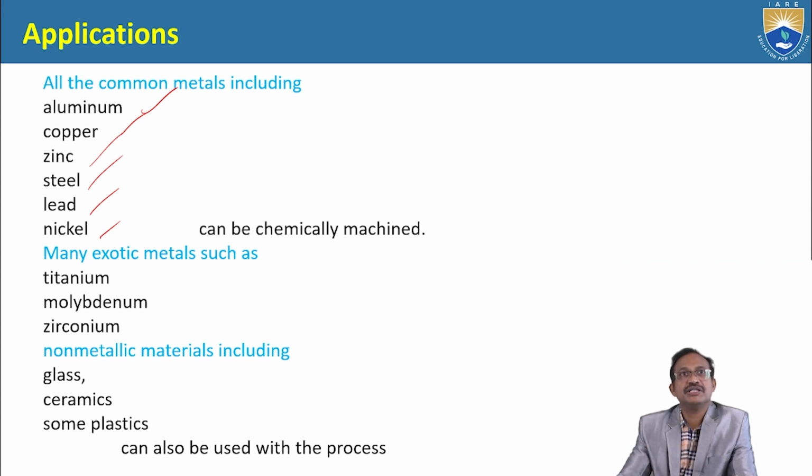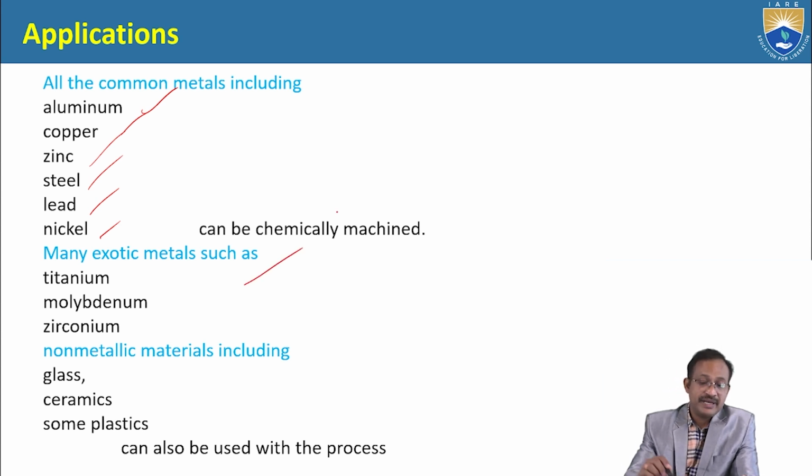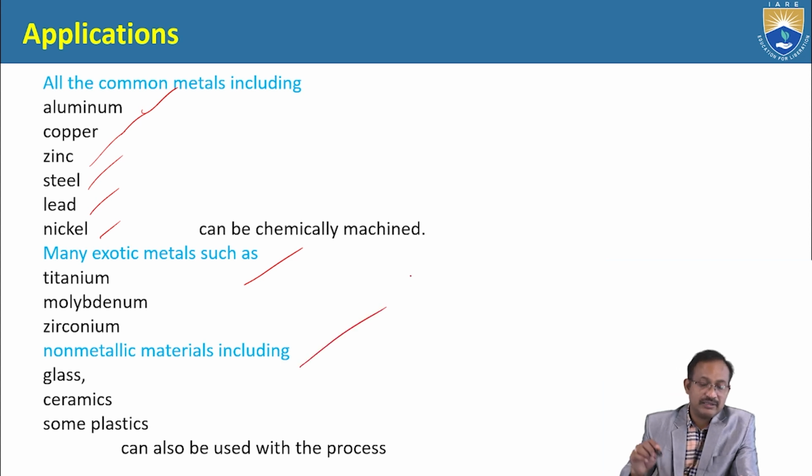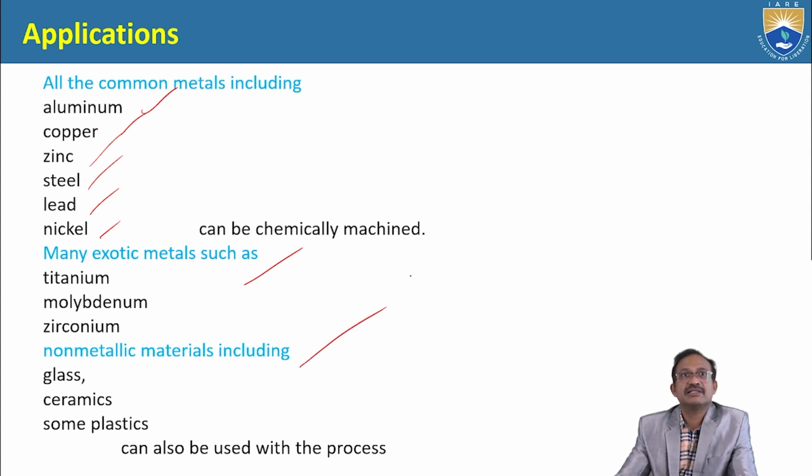Many toxic metals such as titanium, molybdenum, and zirconium can be chemically machined. And non-metallic materials including glass, ceramics, and some plastics can also be used with the chemical milling process.